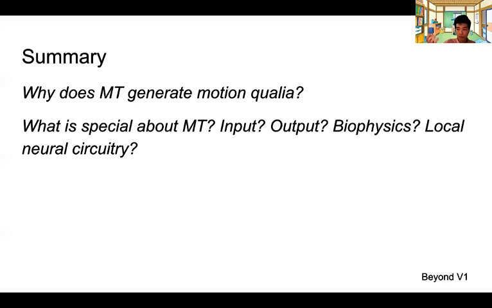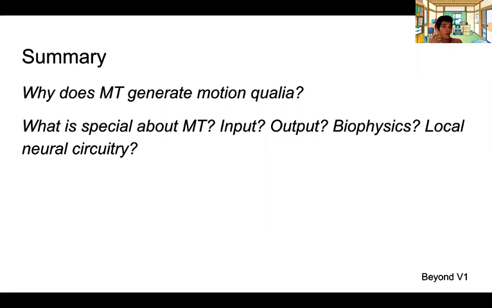It is directly related to the behavior or the verbal report of seeing motion. But that doesn't make much sense, because if you don't report anything, you can still see the motion. And in terms of the input side, let's say retina to MT in a certain configuration generates this pattern of input, and that defines MT's role in visual processing and then generates qualia.